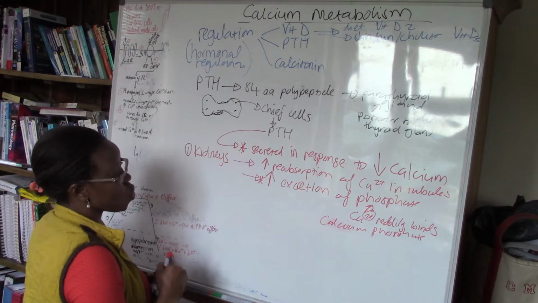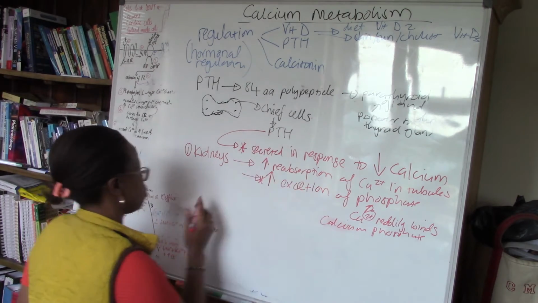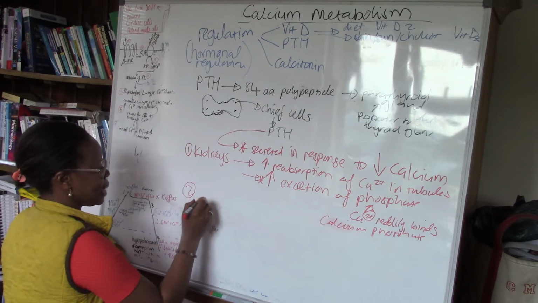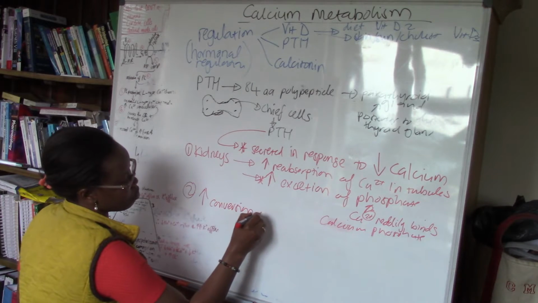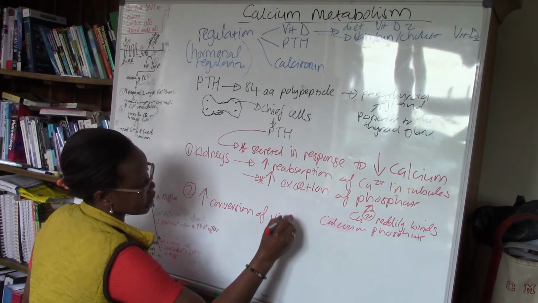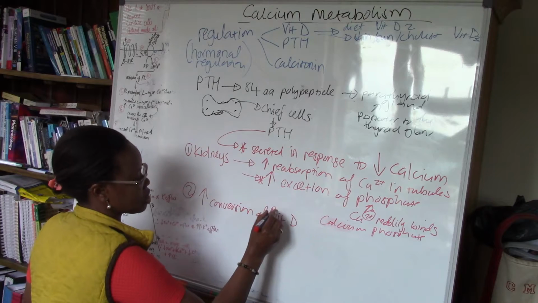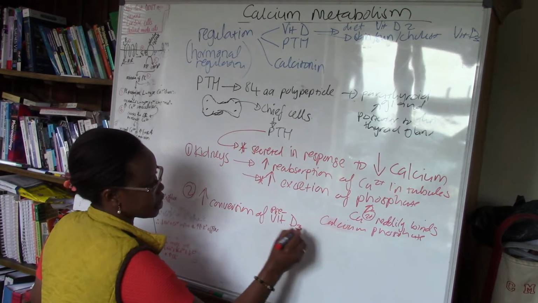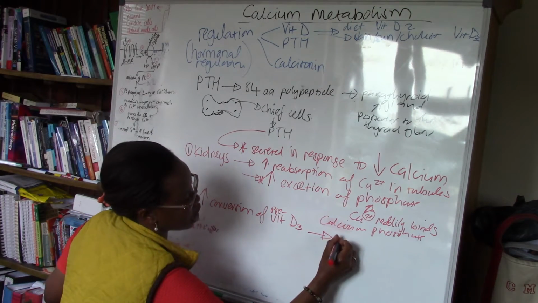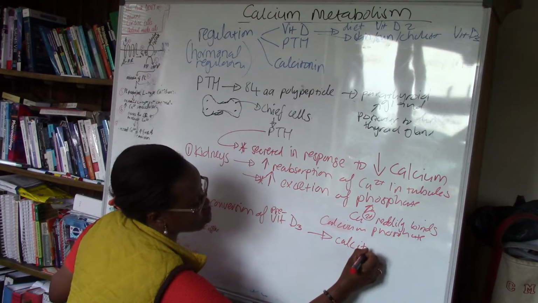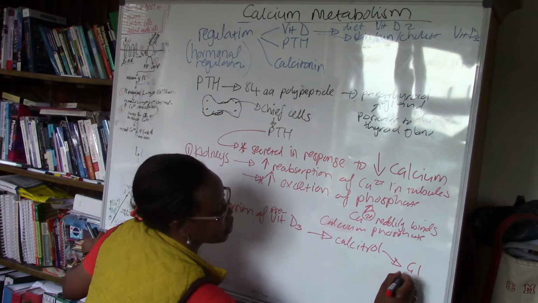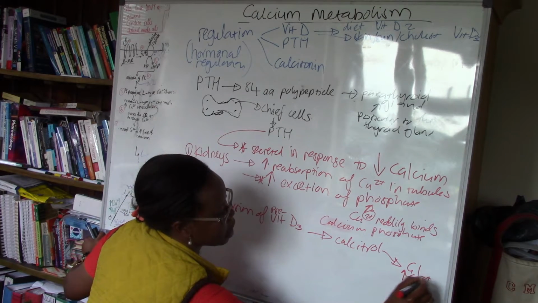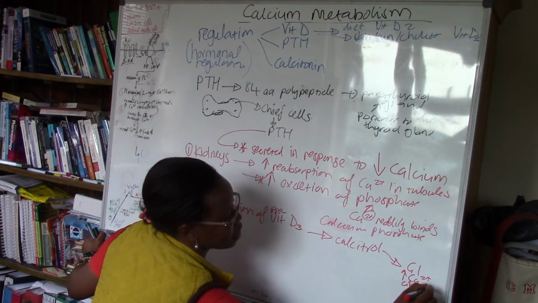And parathyroid hormone will also increase the conversion of pre-vitamin D3 to the functional calcitriol, which then goes into the GI and increases calcium absorption in the GI.